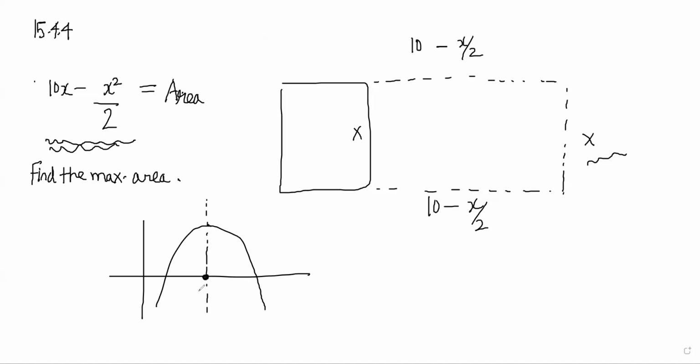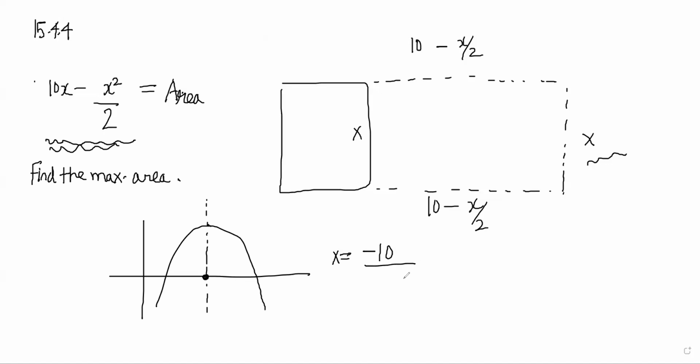Wait, why can't I? The x value of the vertex is... What is b here? 10.